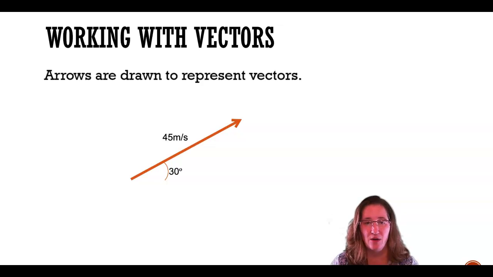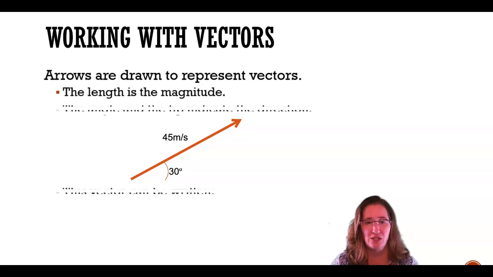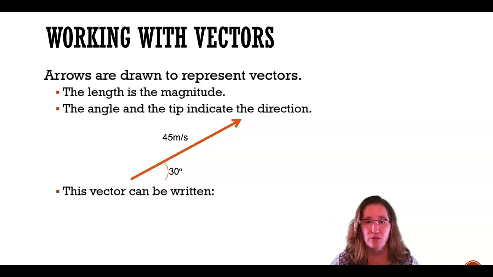So here we have an arrow and that gives us a basic direction, and we have a magnitude of 45 meters per second. So the length is the magnitude. The angle there is going to help indicate the direction, and the tip as well. So if I want to describe this vector in a short number statement, I can say that this is a vector that is 45 meters per second at a 30-degree angle.